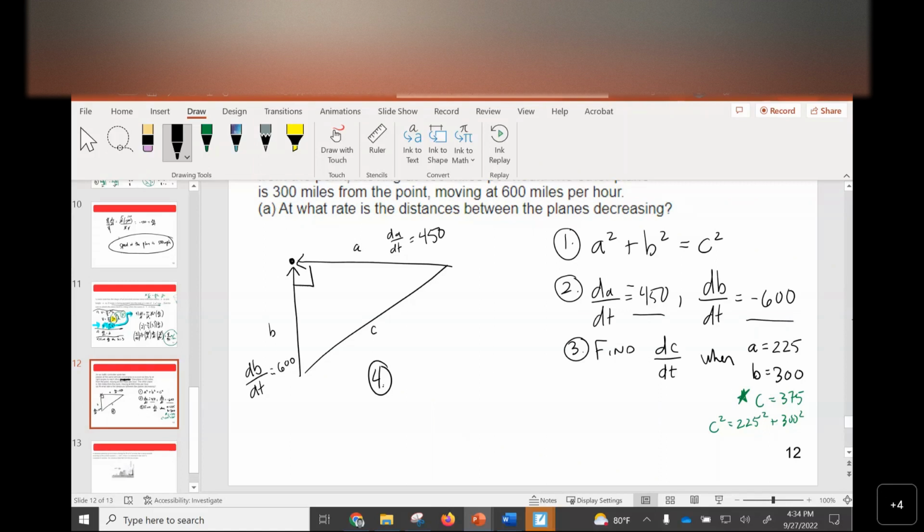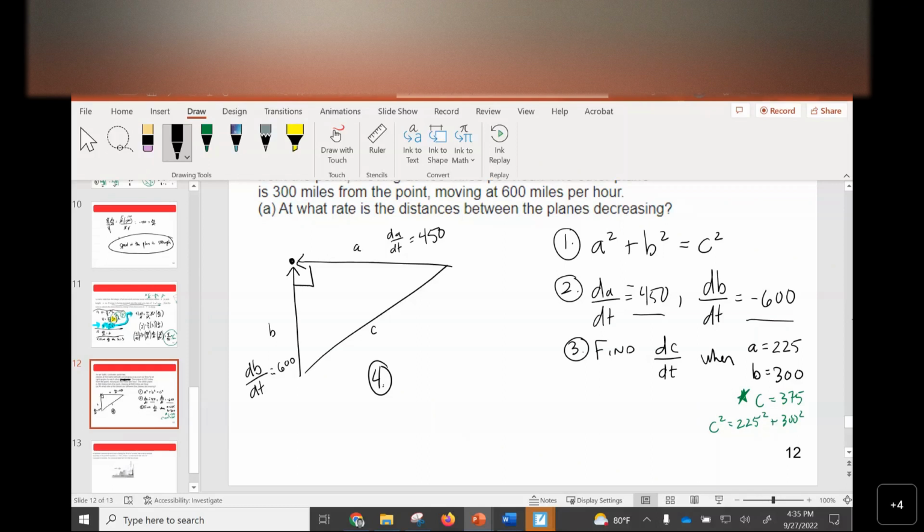I know I need to find dC/dt. That's what they're asking, the rate of change of the distance between the two planes. They're interested in the moment when A is 225, B is 300. And this time I got ahead of myself. I realized I'm probably going to need C at this moment, so I did the Pythagorean theorem and found C to be 375.